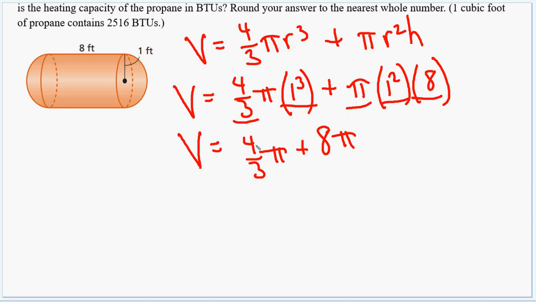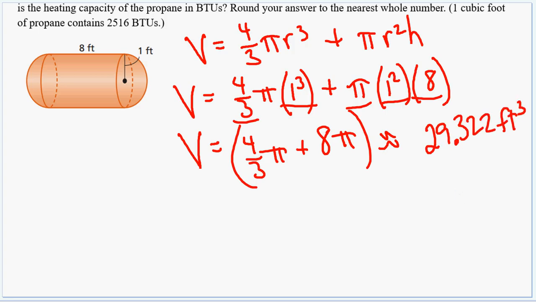So here I would just start punching this in the calculator. You could sort of factor out the pi and do 4/3 plus 8, add that together, multiply that by pi, and we should get approximately 29.322 feet cubed.